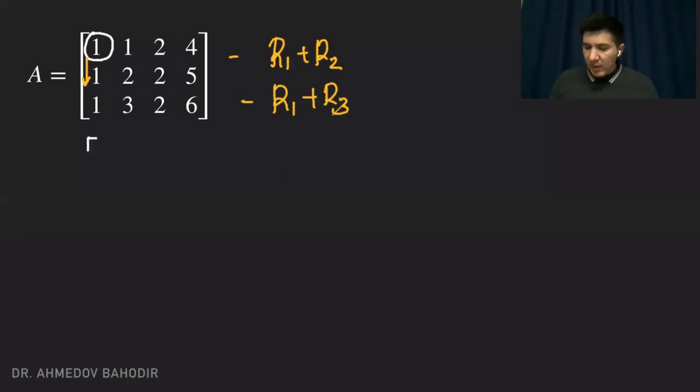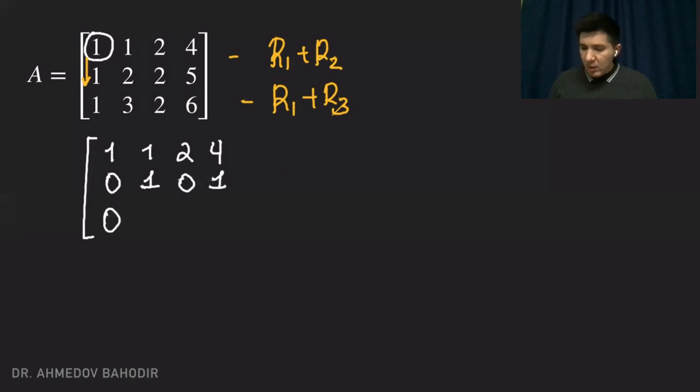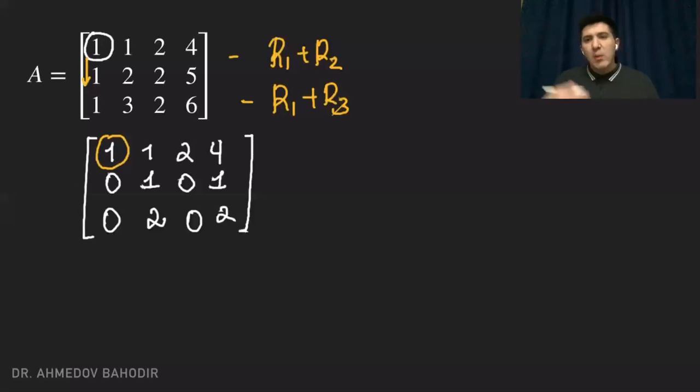In order to get the following matrix, it's going to be 1, 1, 2, 4, 0, 1, 0, 1, 0, 2, 0, 2. Nice. So this is going to be one of the pivots. Now we're going to go one row below.